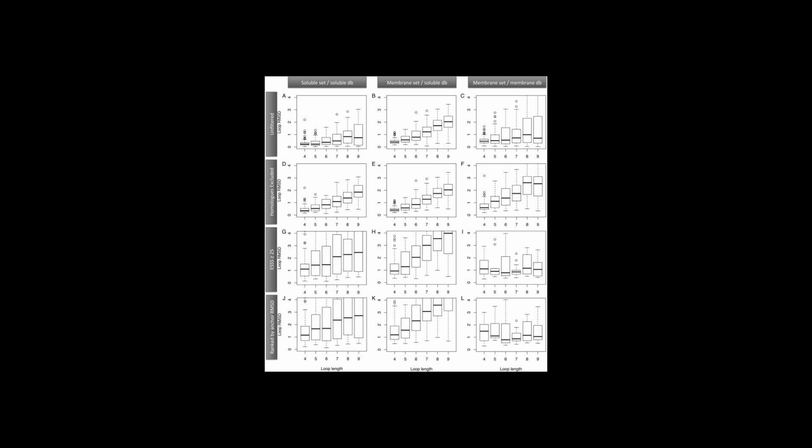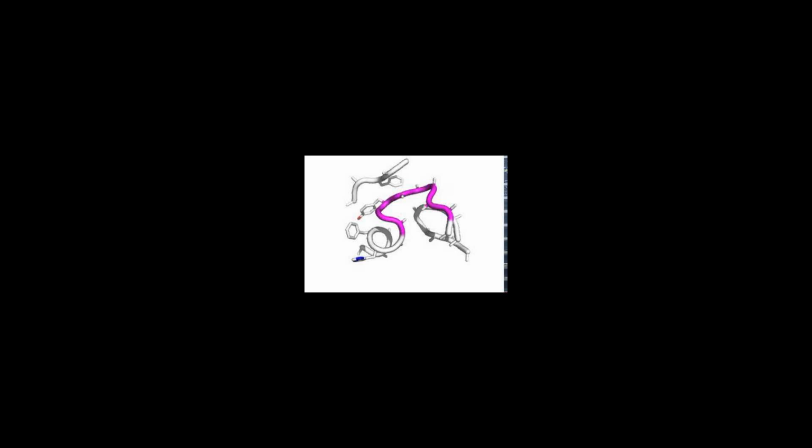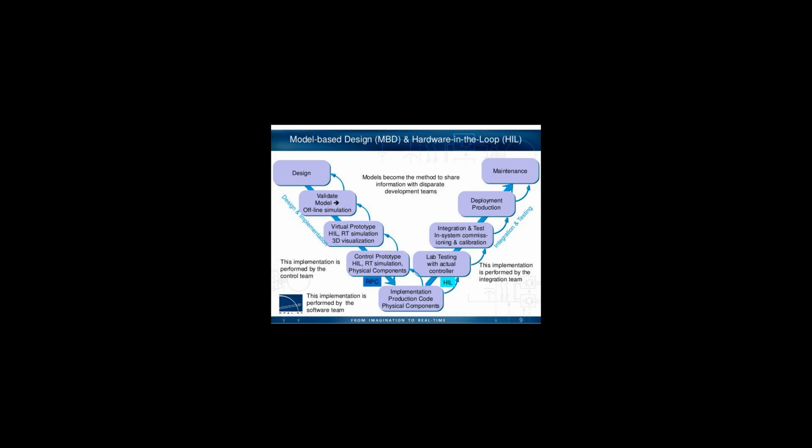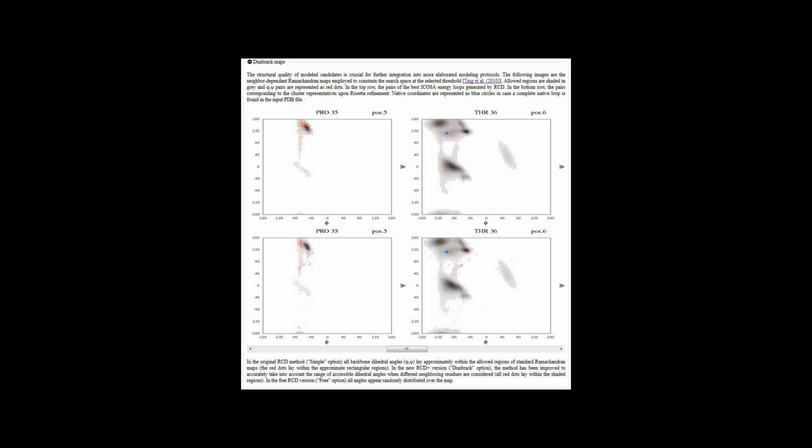Yet another method is the divide and conquer approach. This involves subdividing the loop into two segments and then repeatedly dividing and transforming each segment until the loop is small enough to be solved. Even with all these methods, non-template-based approaches are most accurate up to 12 residues, amino acids within the loop.